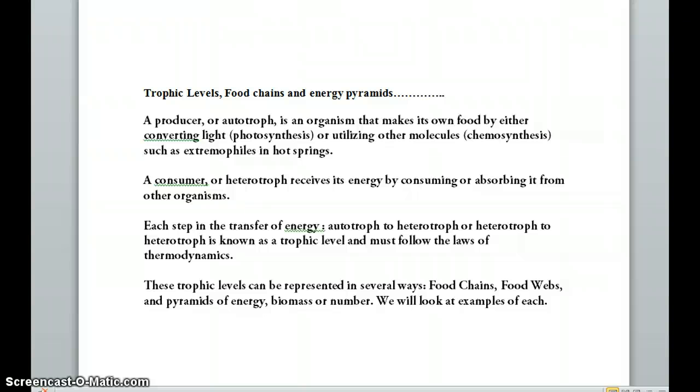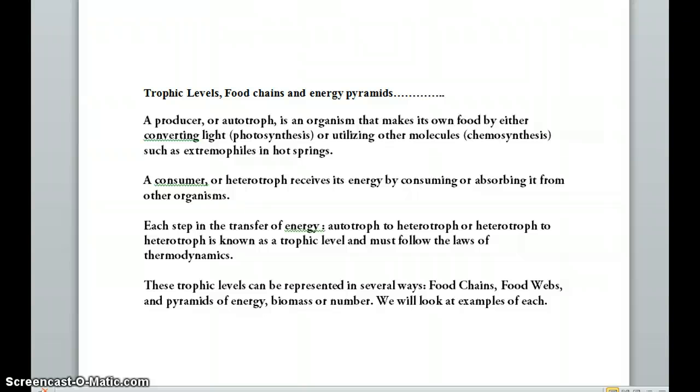This is called chemosynthesis, and examples of these would be extremophiles, mainly microscopic organisms that live in places like hot springs or down in the deep recesses under high pressure in the oceans. They're pretty rare, so most of what we're going to be talking about are the photoautotrophs.